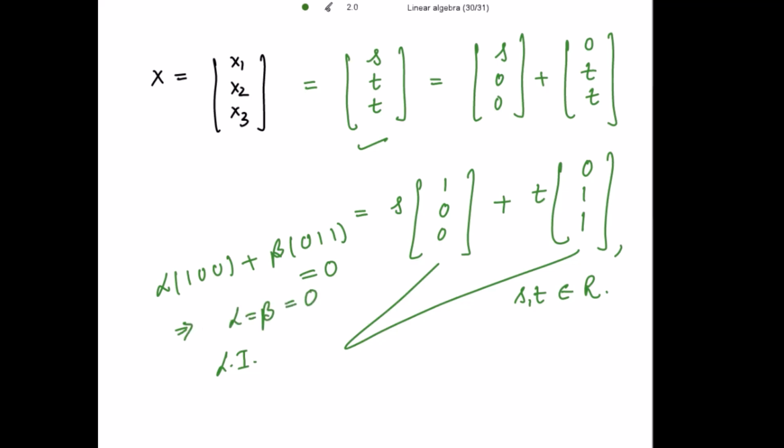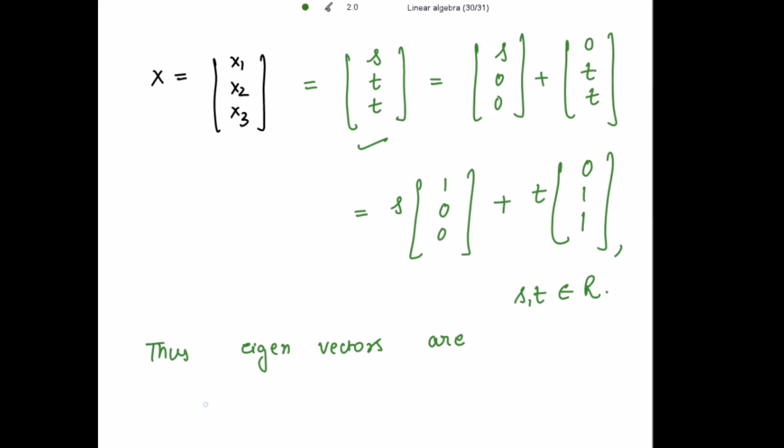The scalars are 0. All the scalars are 0, right? So when alpha, beta, all scalars are 0, we say that these vectors are linearly independent. So these are x1 is equal to (1, 0, 0) and x2 is equal to (0, 1, 1).